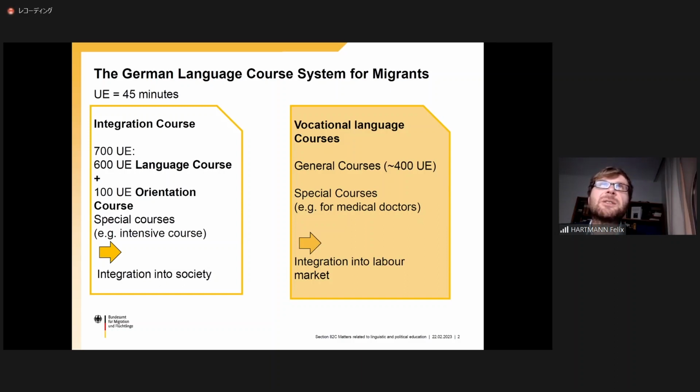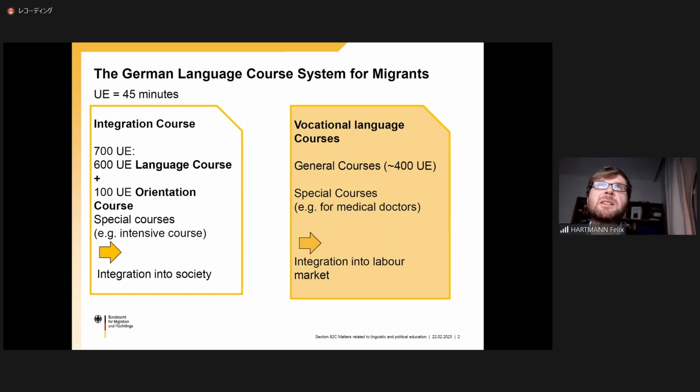The integration course is split into two parts. Every course in Germany is structured in so-called lecture units, which I have abbreviated as UE here. They are 45 minutes. A standard integration course has 700 units and takes about half a year.